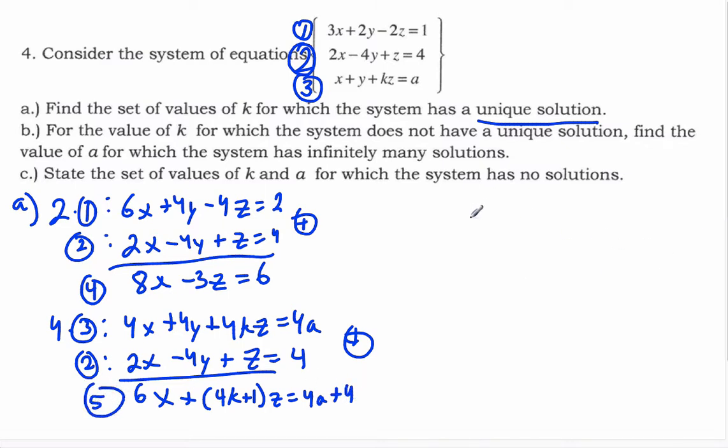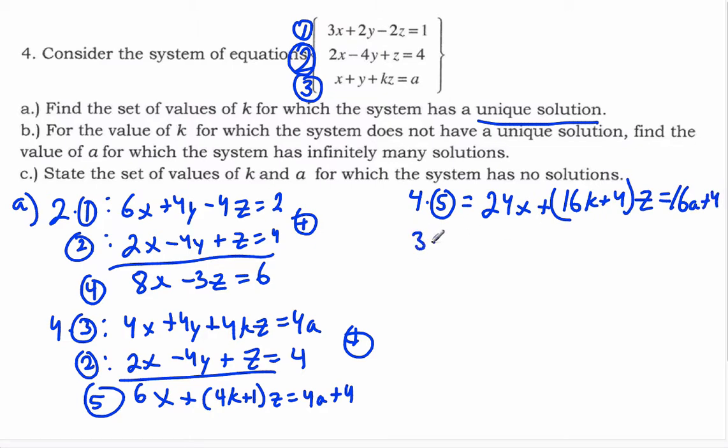Alright, next, we're going to need to get the x's to cancel from equation 4 and 5. And this is 6 and 8, so the least common multiple is 24. So I'm going to have to take, let's see, 4 times equation 5 will give me 24x plus 16k plus 4z equals 16a plus 4.